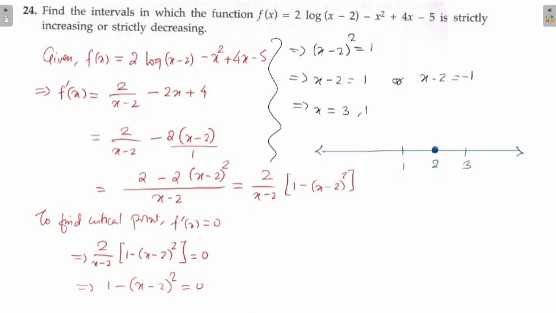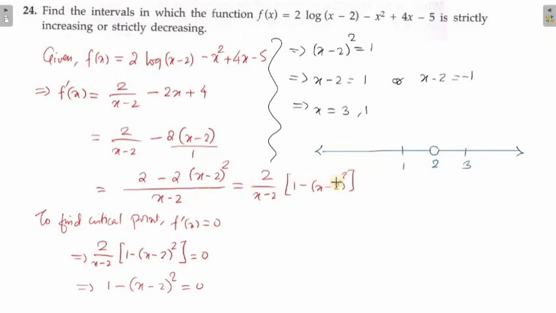Instead of drawing this, what you can do is make a blank out here. So 2 is excluded, because in the denominator we cannot have 0. Now choose any point from here, take 0.